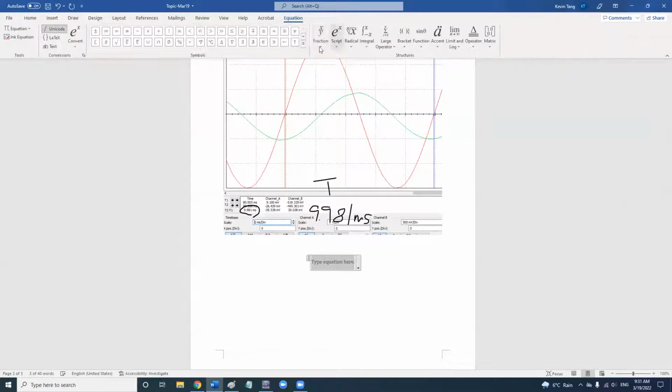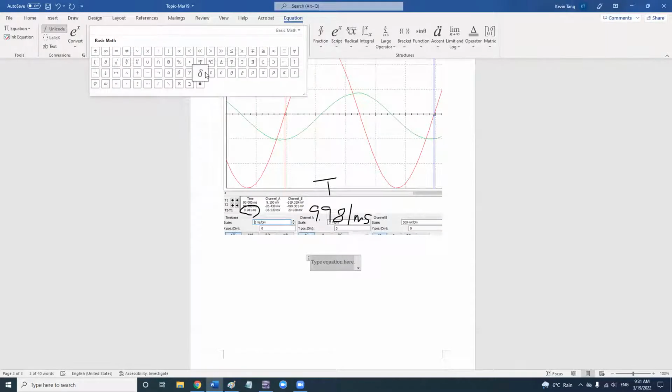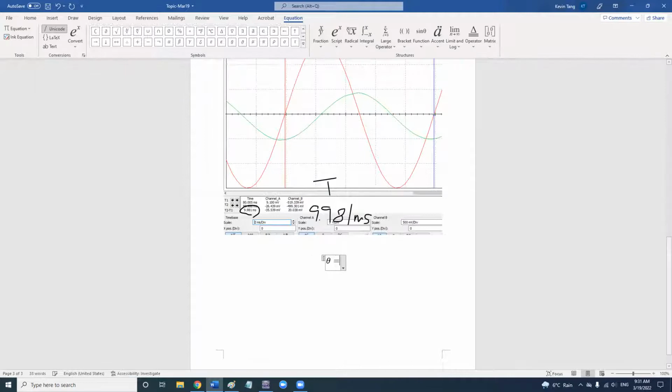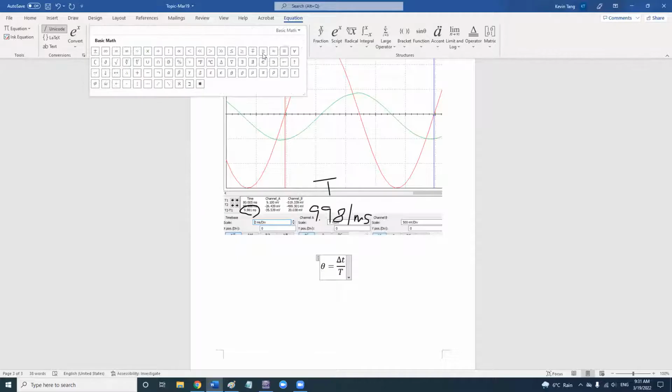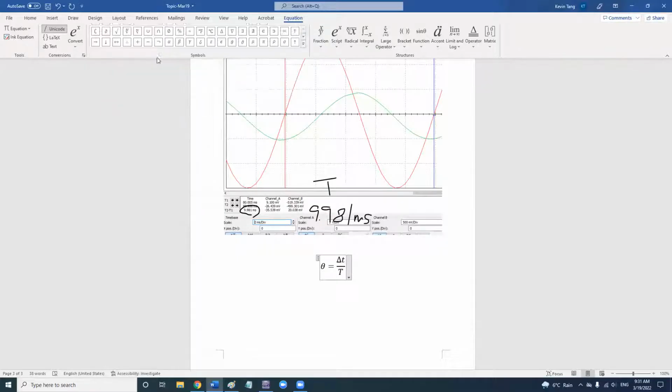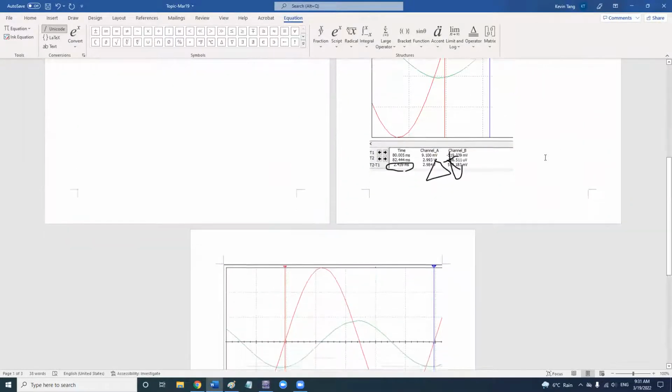The phase is equal to delta t over T, times 360 degrees. That is straightforward.